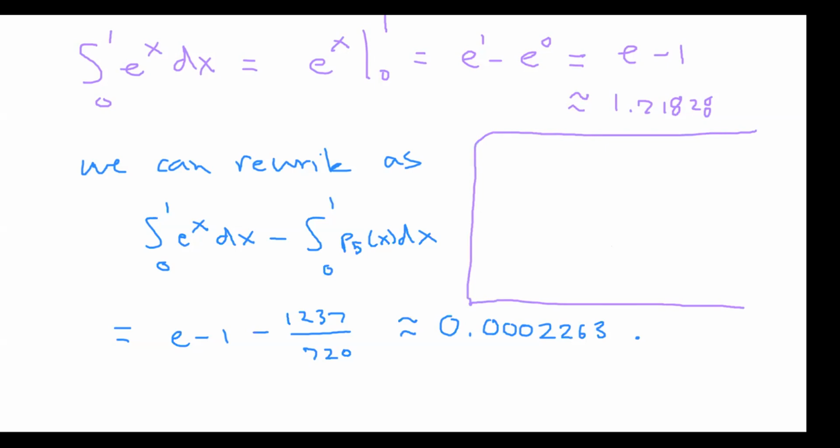So if I take that minus 1 and I put it over 720, so if I take 720 plus 1237, so if I rewrite that, what this tells me is we have the following rational approximation. e is approximately 1957 over 720.